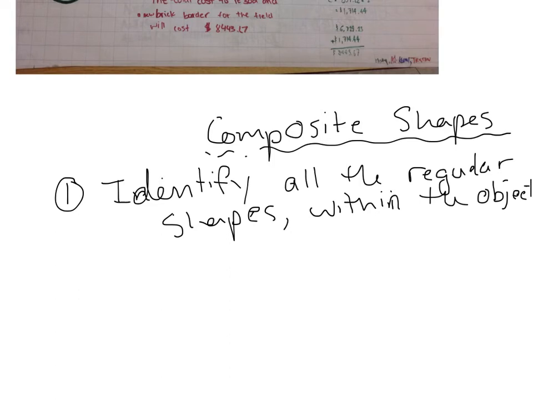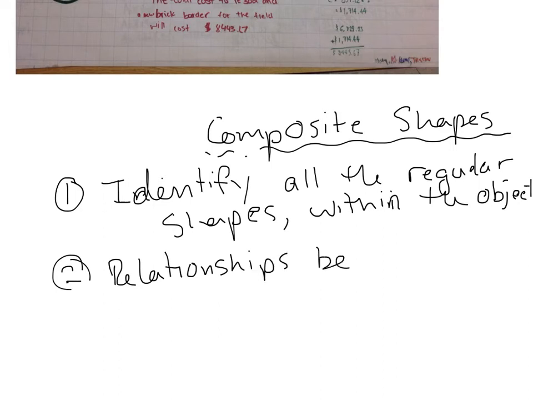And once we do that, then we can look for the relationships between them. That means that in some cases, if I have a shape like this, that's going to be a triangle and a rectangle.